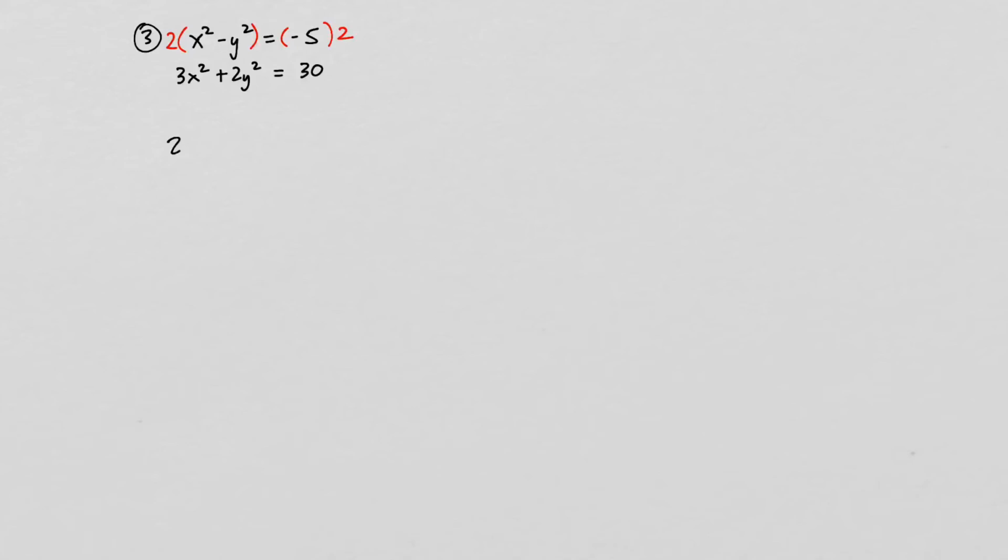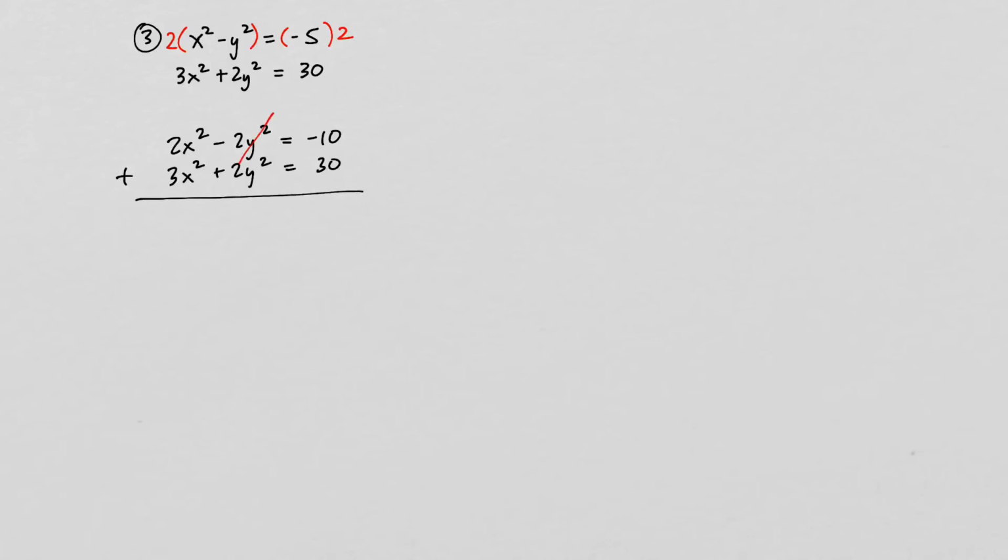So that first equation, when you multiply by 2, is 2x squared minus 2y squared equals negative 10. And the second equation is the same. It's 3x squared plus 2y squared equals 30. And now I can simply add these two equations together.